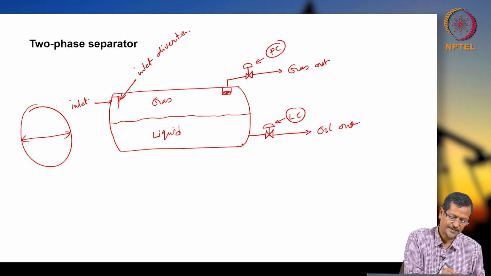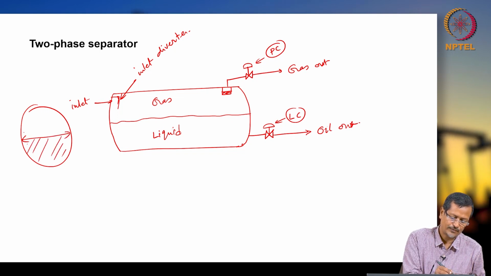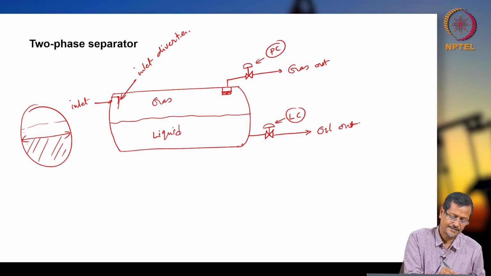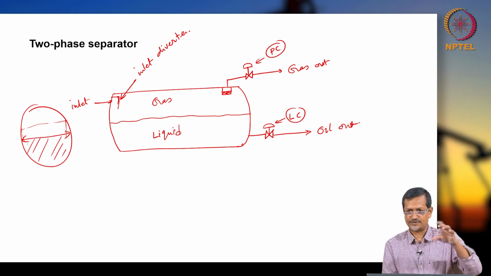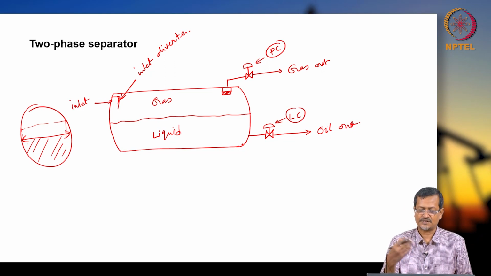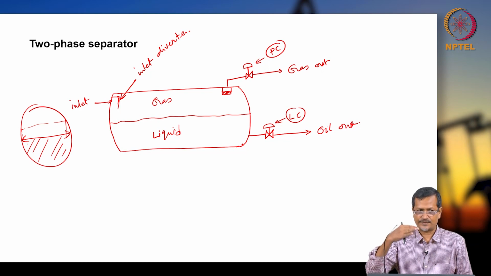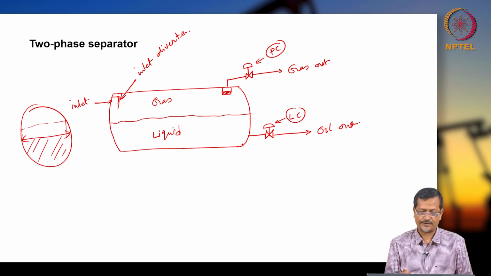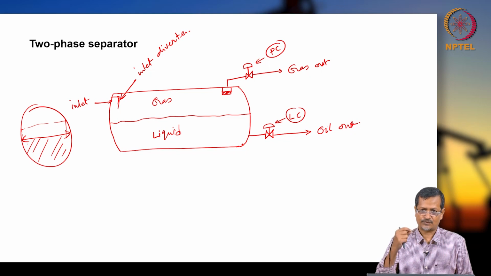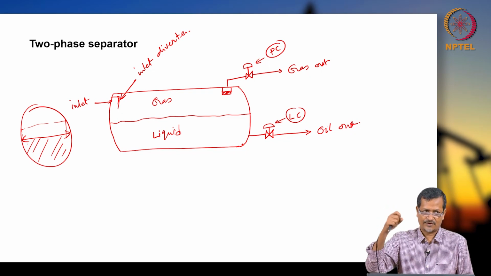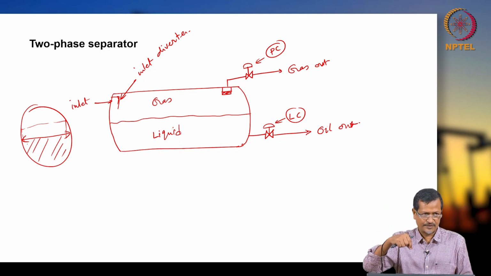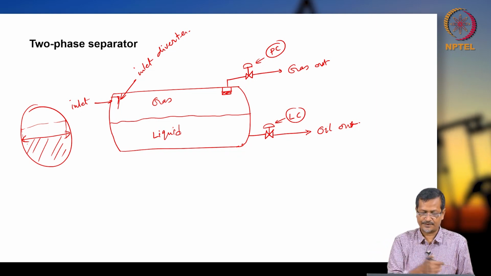And if you make more liquid, like this, your total length is reduced now. The surface area is reduced, interface area is reduced. Interface area is required sometimes so that gas and liquid will separate in a better way, because more gas will be leaving the liquid surface, or liquid will be falling on the liquid surface.